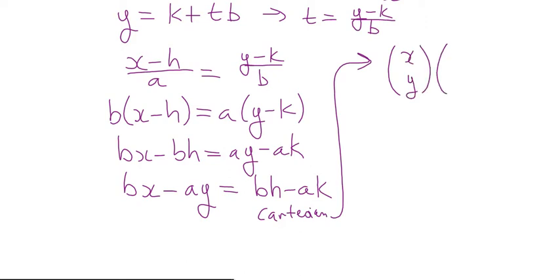Because it's just a constant. Okay, so bx minus ay, left side, is equal to bh minus ak.